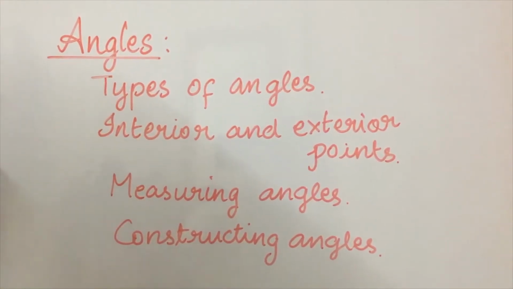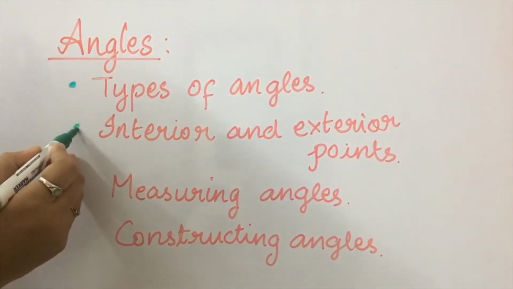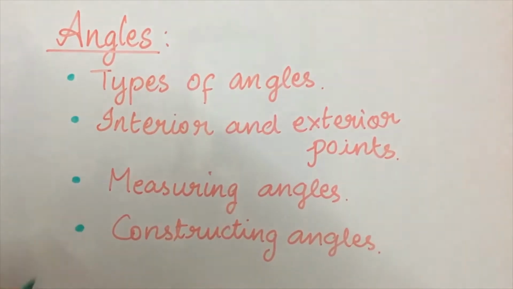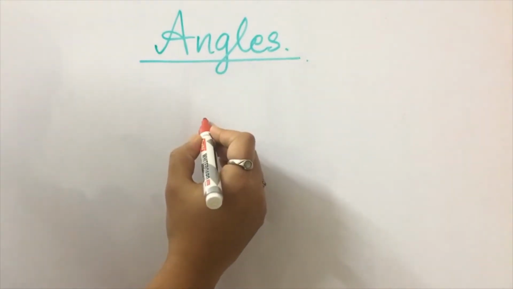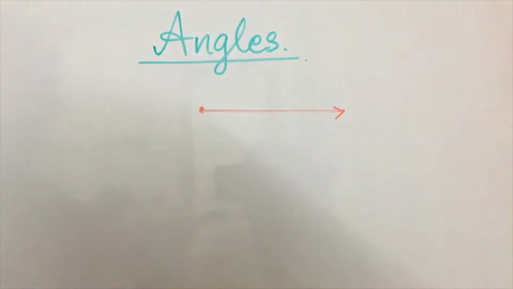Under the angles topic, we are going to learn types of angles, interior and exterior points, measuring angles and constructing angles. You have learnt about rays in the previous videos. A ray has a starting point but no ending point.